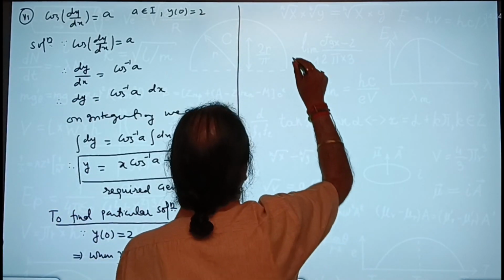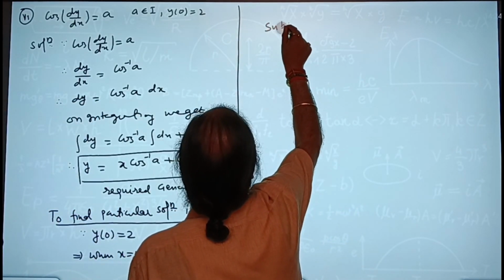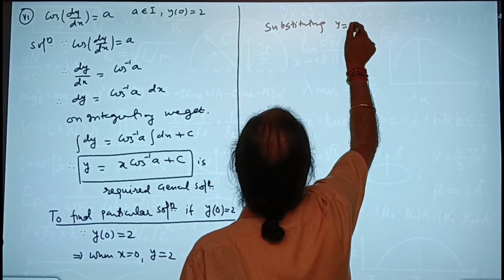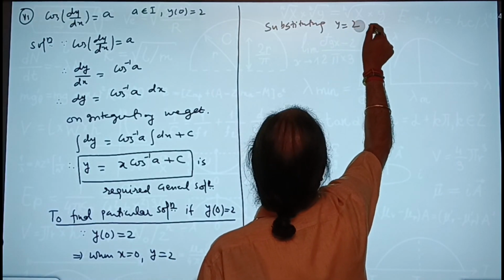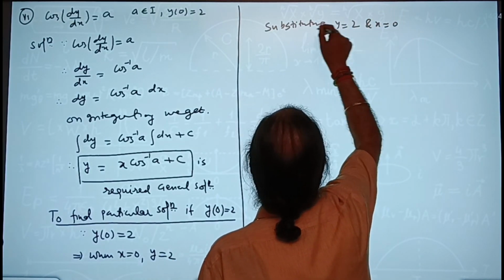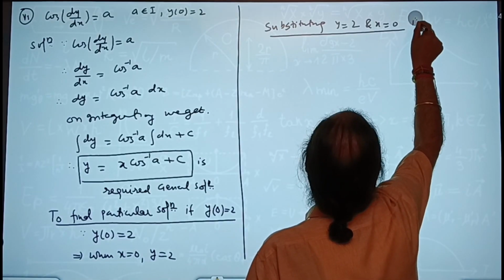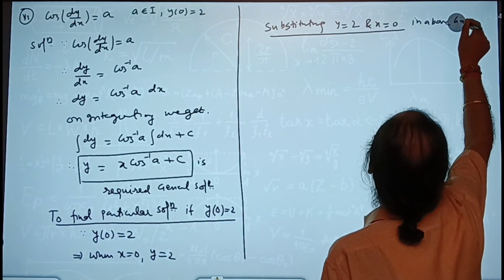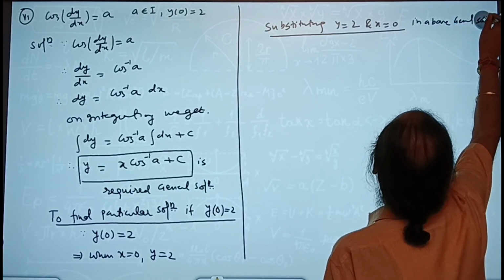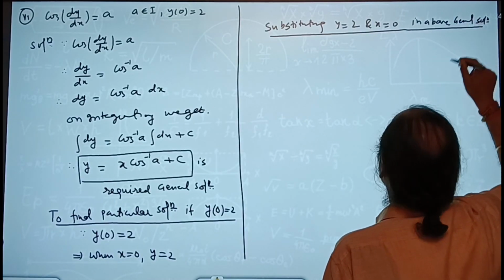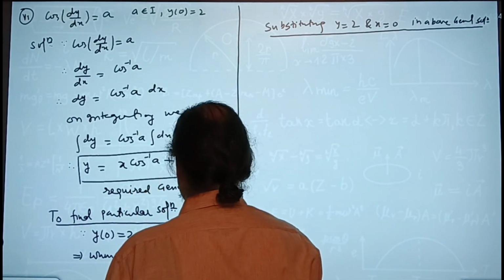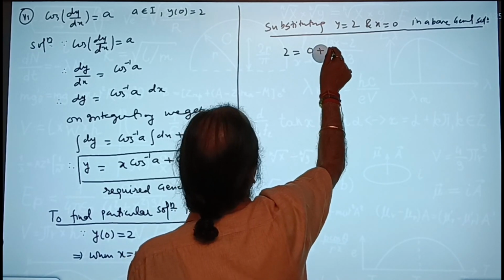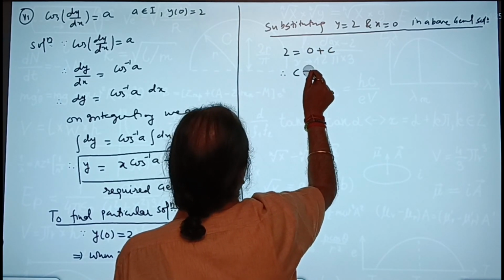Substituting y is equal to 2 and x is equal to 0 in the above general solution, we get 2 is equal to 0 plus c. C is 2.